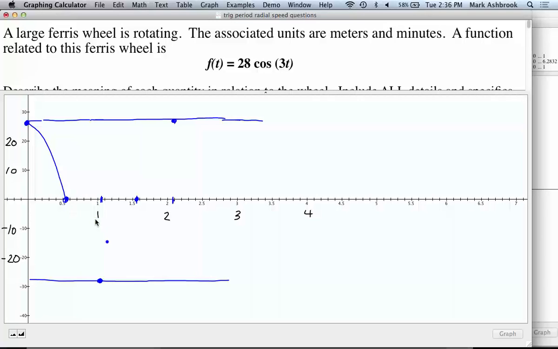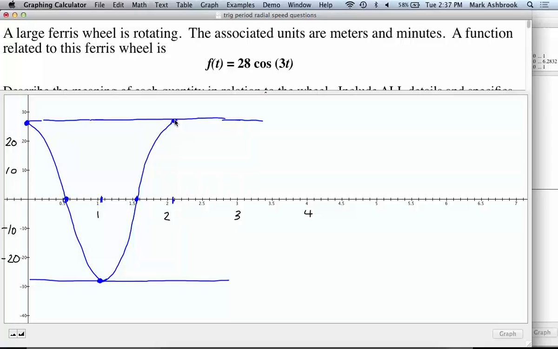And then the rate is negative and increasing, becoming less negative. And then the rate is increasing. And then the rate is decreasing. And then after 2.09 seconds, what's going to happen after that?